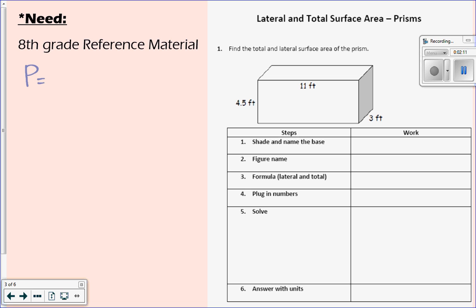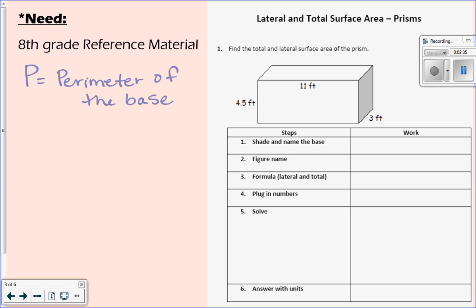Perimeter, but specifically, so let's write that in. Perimeter of the base, which is why I said identifying the base of your solid is very important. Your surface area formula has everything to do about the base. It's all about the base.